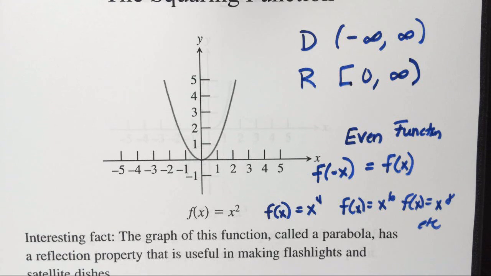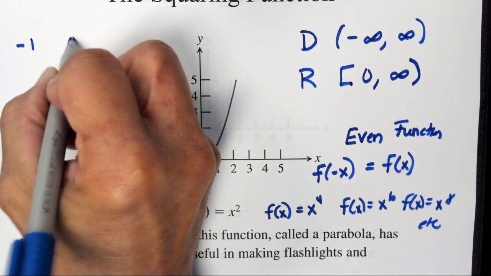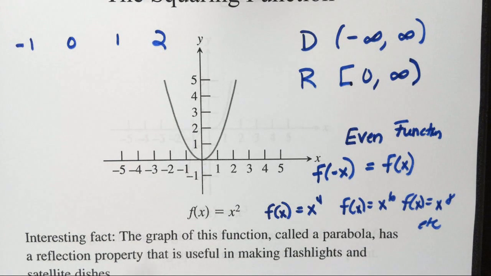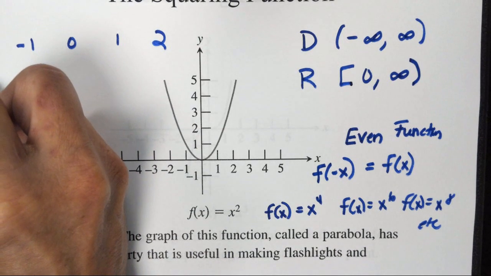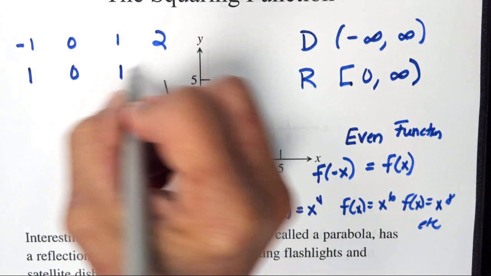All right. So because I understand that that whole set of parents have a domain of all real numbers, which has no restriction on it, when I get ready to build parent points, is it very acceptable to use -2, -1, 0, 1, 2? And what happens when we square -2? 4. 1, 0, 1, and 4.